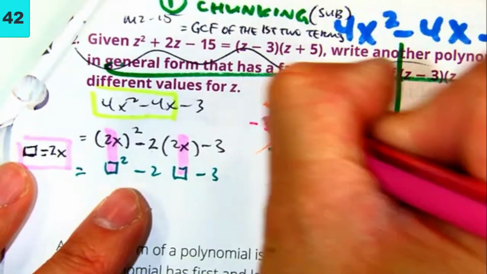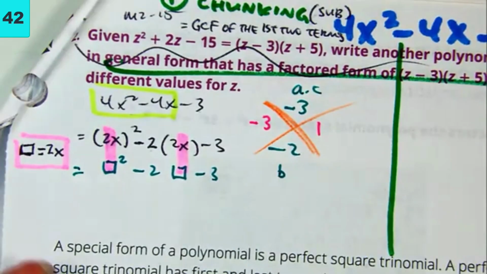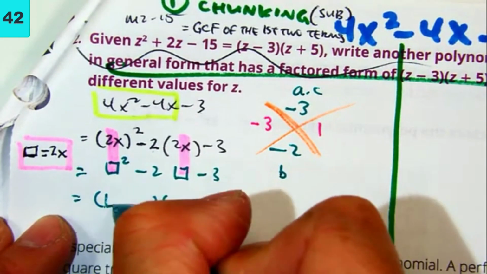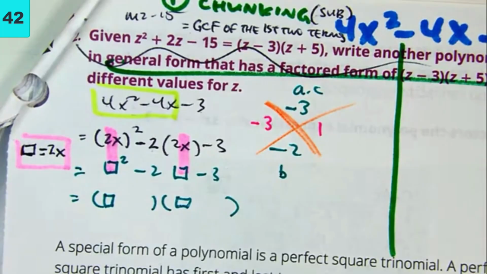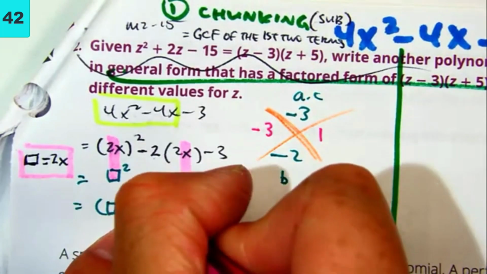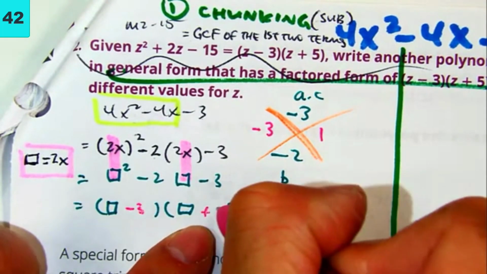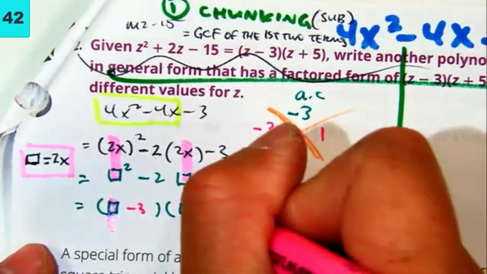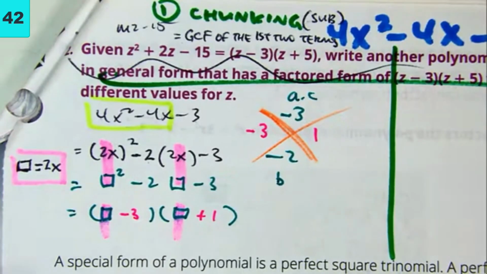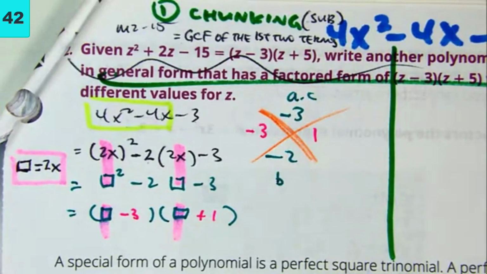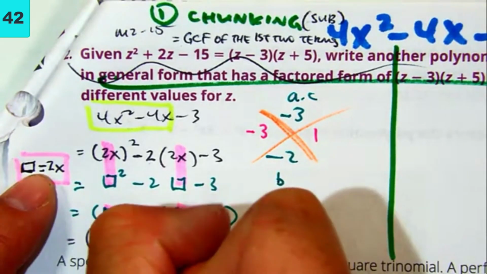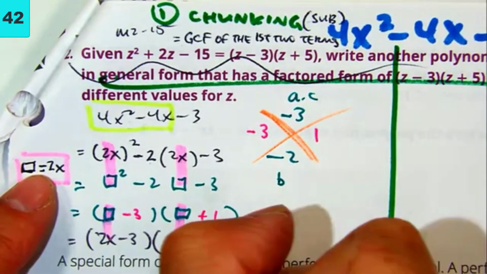Negative 3 and 1. So I have a box, we have negative 3, 1 here is positive. And then I'm going to do my substitution one more time. And so basically what we have now is 2x minus 3 and 2x plus 1.